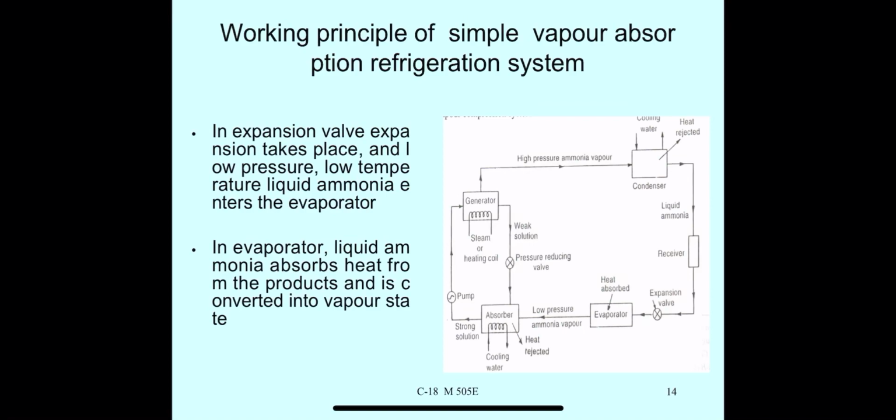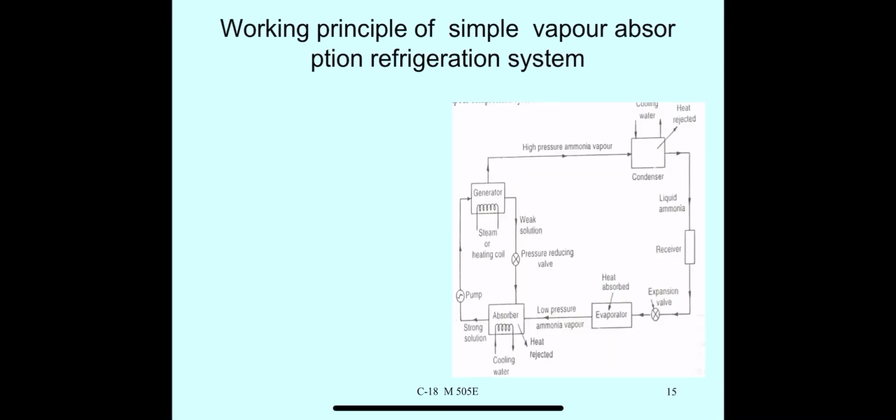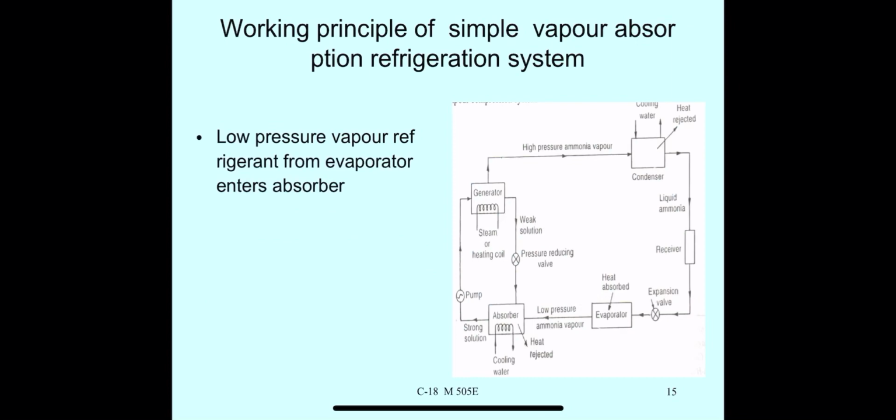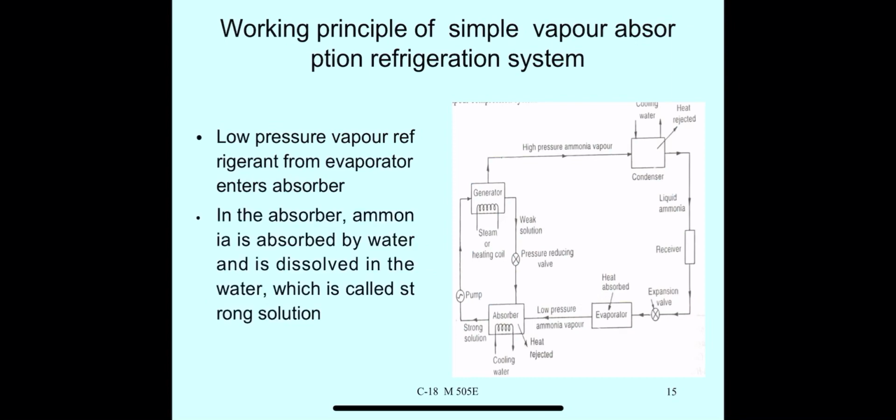The low pressure vapor refrigerant from the evaporator enters the absorber. In the absorber, the ammonia is absorbed by water and is dissolved in the water, which is called a strong solution.